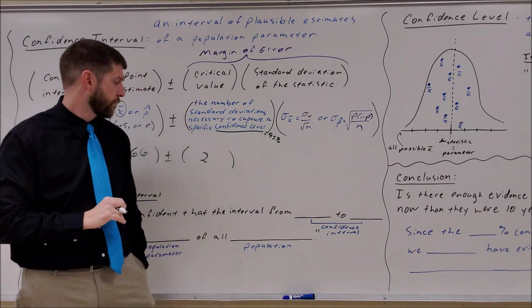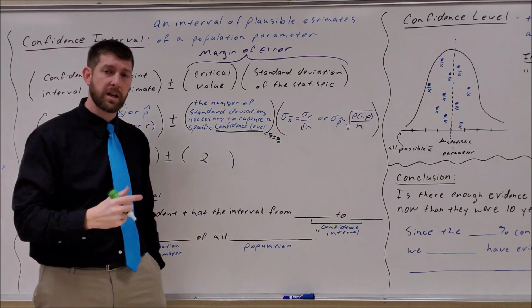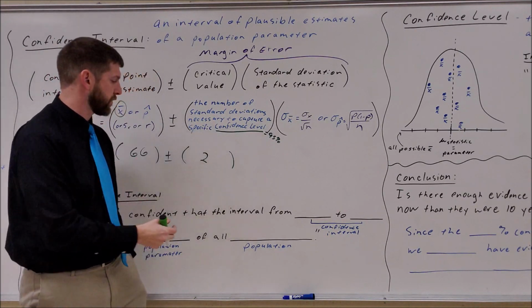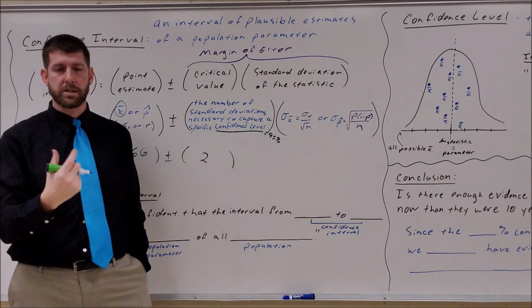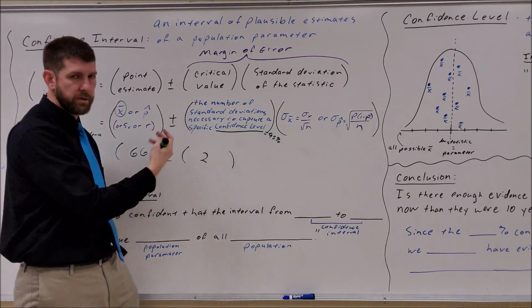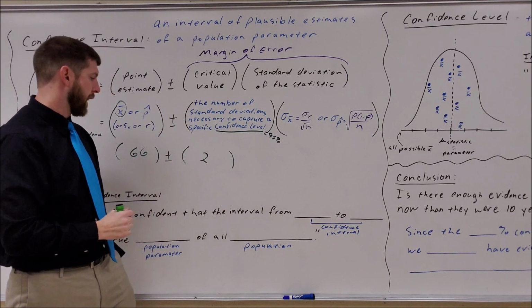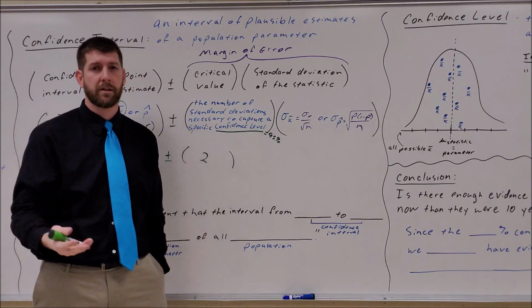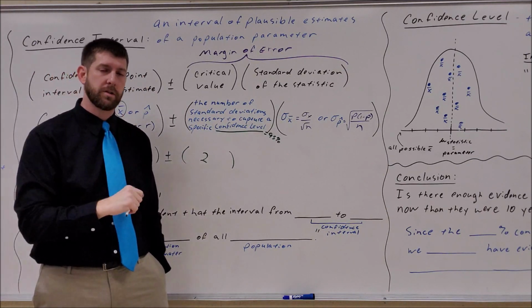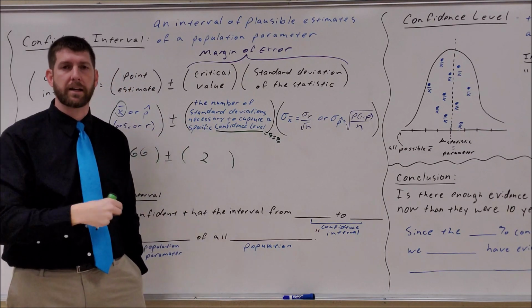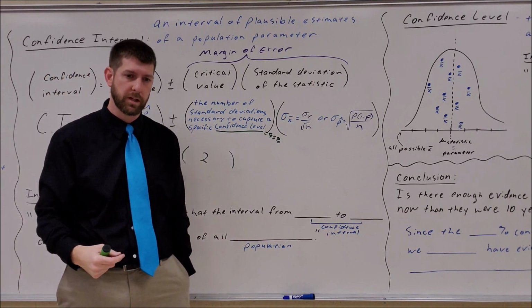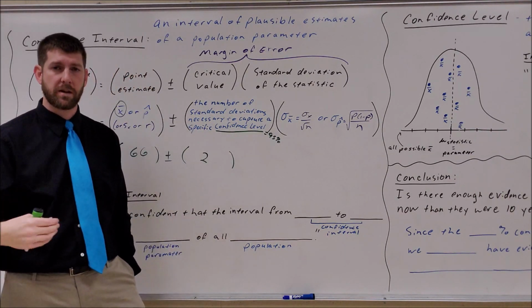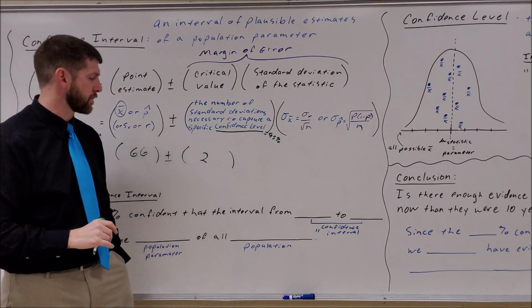That's all that's telling us. If I wanted to use that 68% confidence level, I would use plus or minus 1 standard deviation. So my critical value would be a 1. If I was going to use, say, 99.7 confidence level, then I would use plus or minus 3 standard deviations. So it ties right back into the 3 sigma rule, or the 68, 95, 99.7 rule that we talked about way back early in the course.